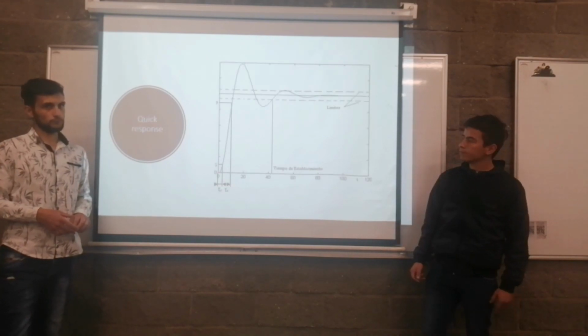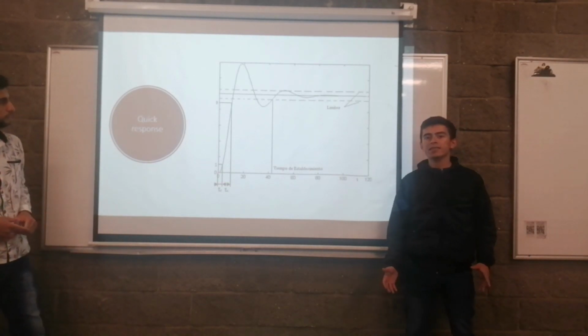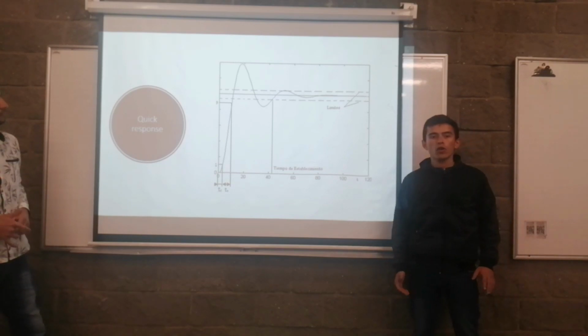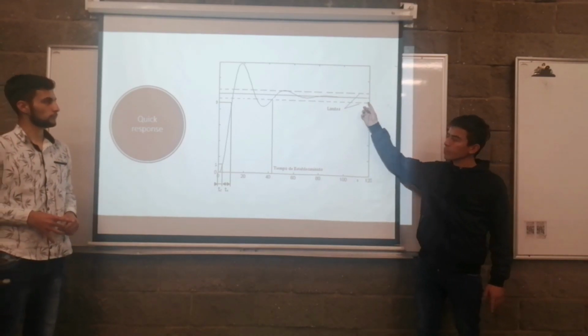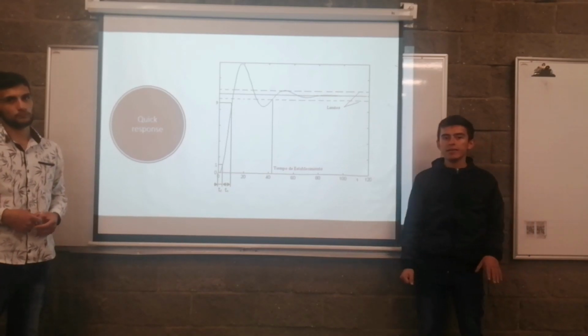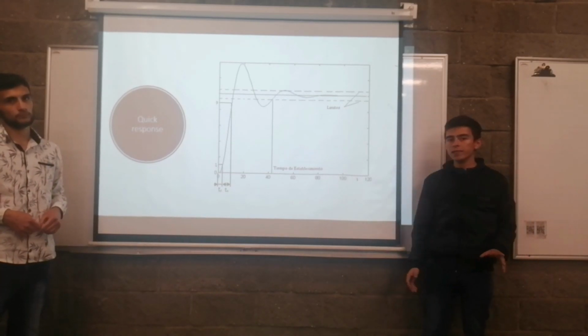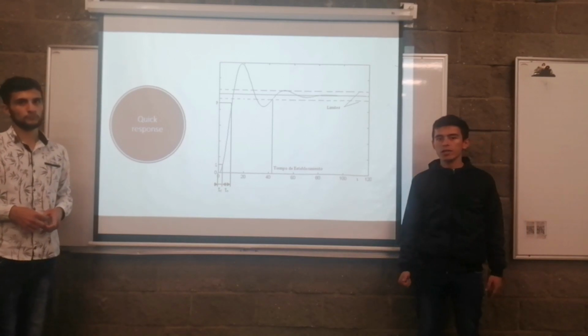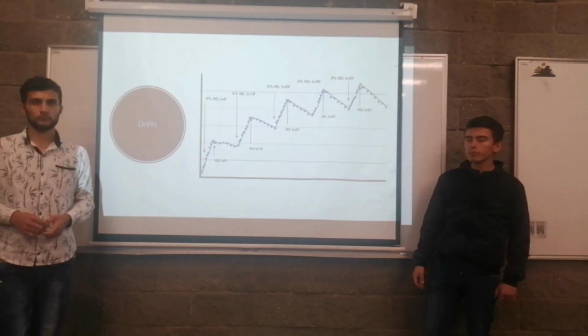Quick response can be at a fixed time or dependent on how much the magnitude to be measured varies. It depends on the ability of the system to track variation in the input magnitude.